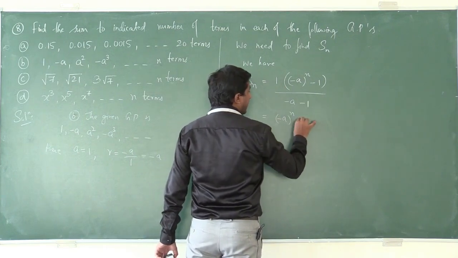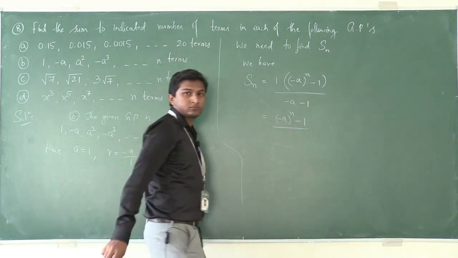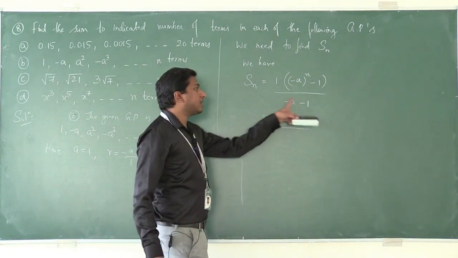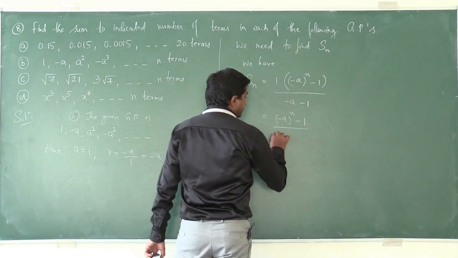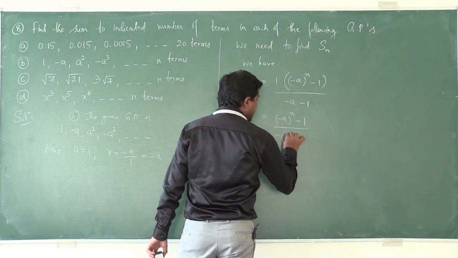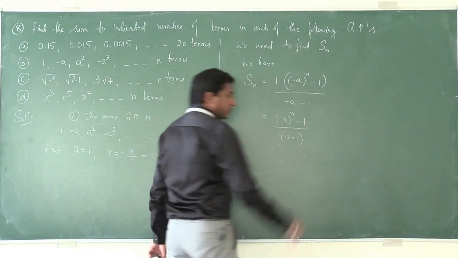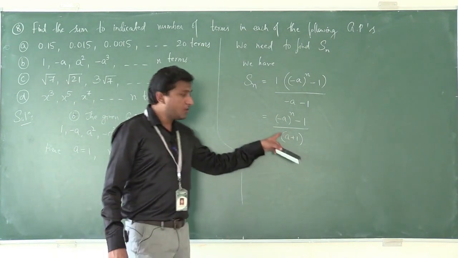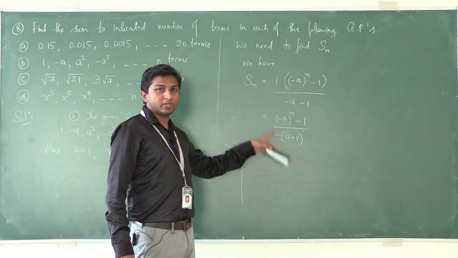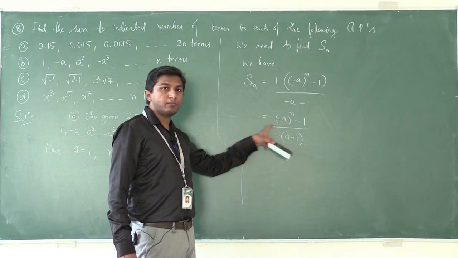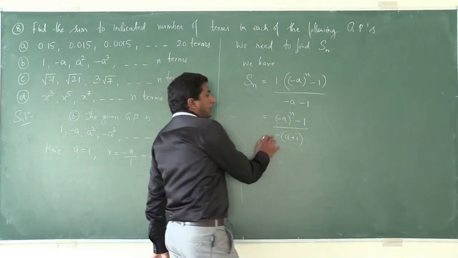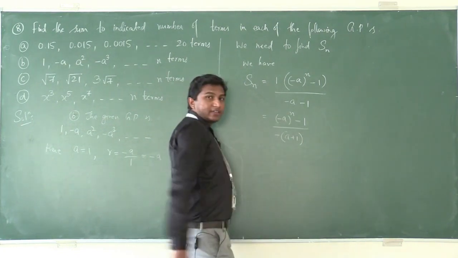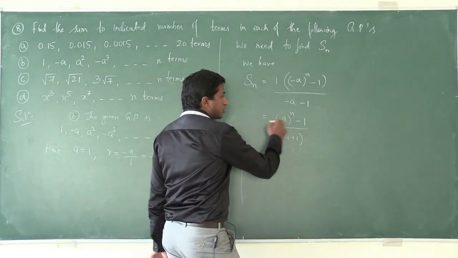whole power n minus 1 whole divided by, I can take minus common from the denominator. What do we get? I can write this as minus of a plus 1. Multiplying this minus sign in the numerator, what happens to the numerator?